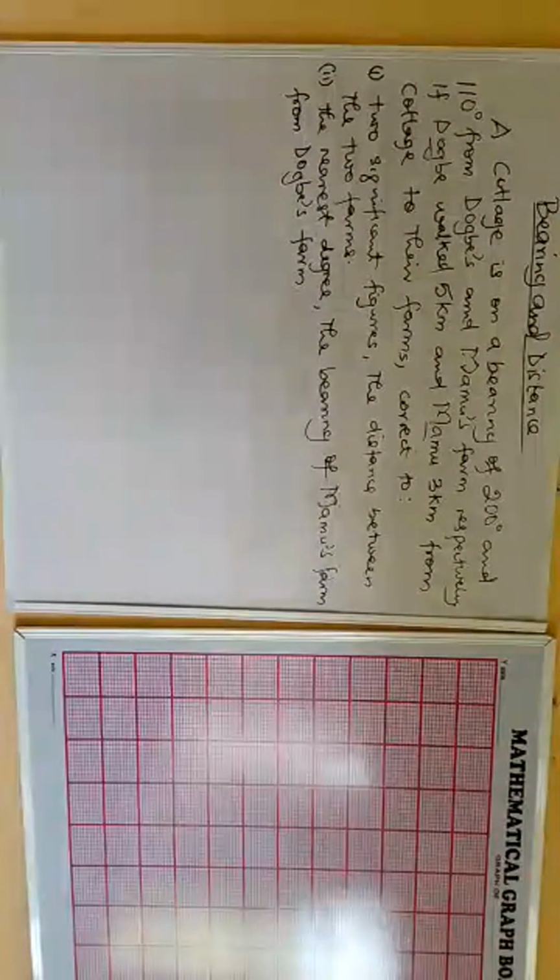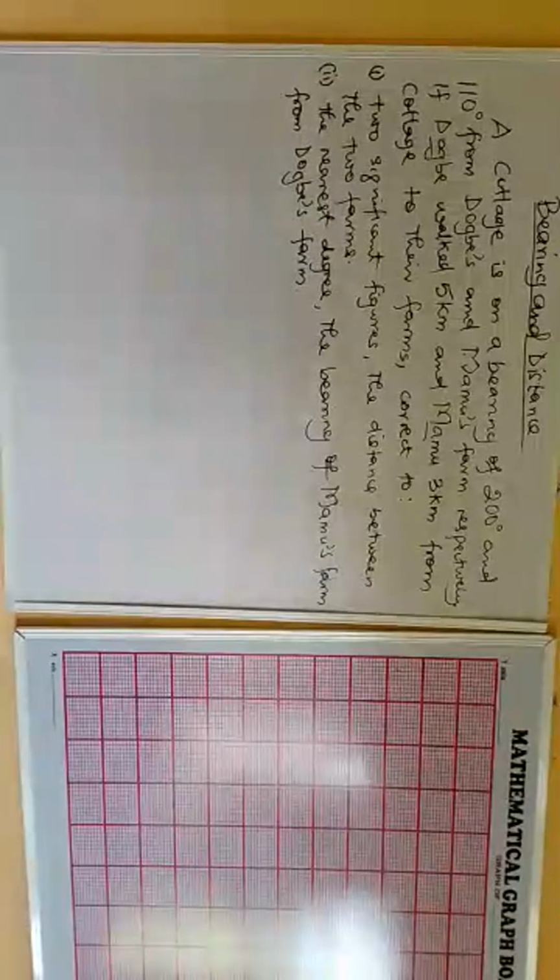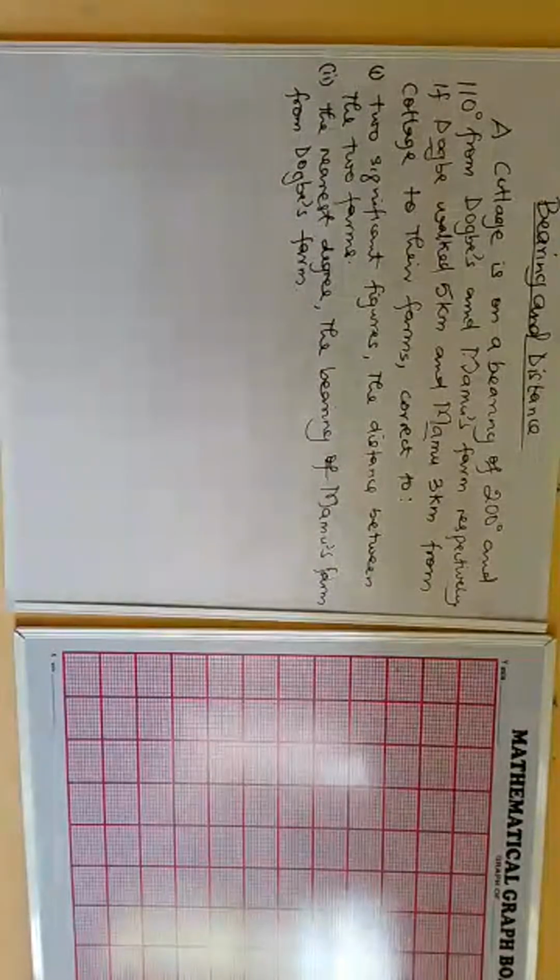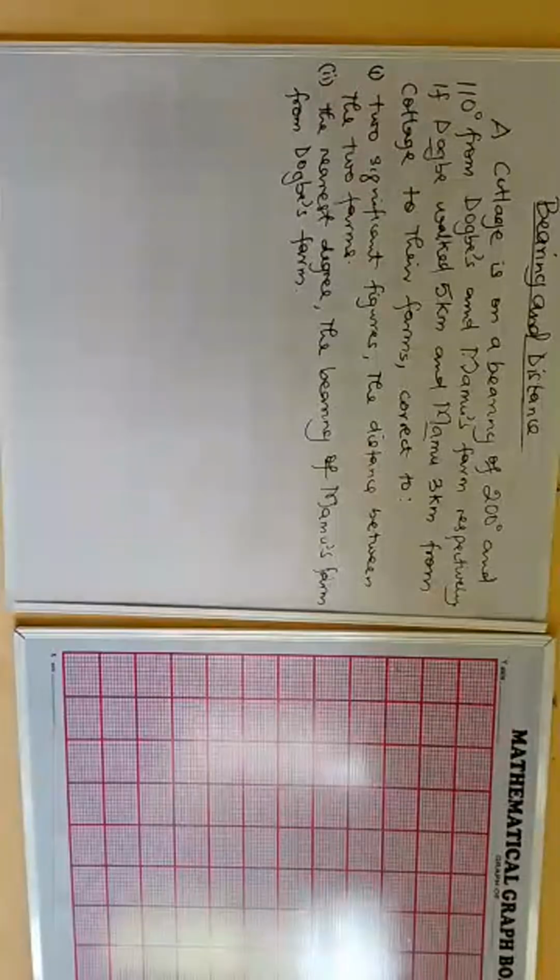Okay, look at it. So a cottage is on a bearing of 200 degrees and 110 degrees from Dugbe and Mammoth farm respectively.